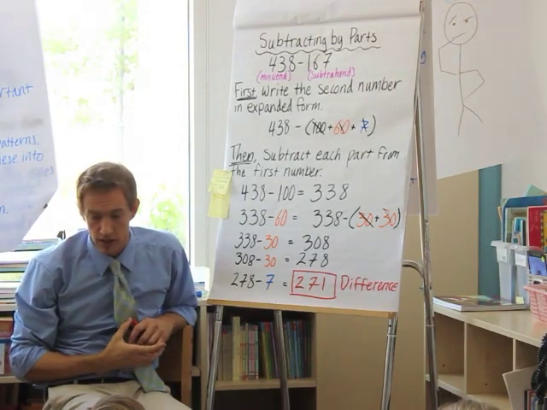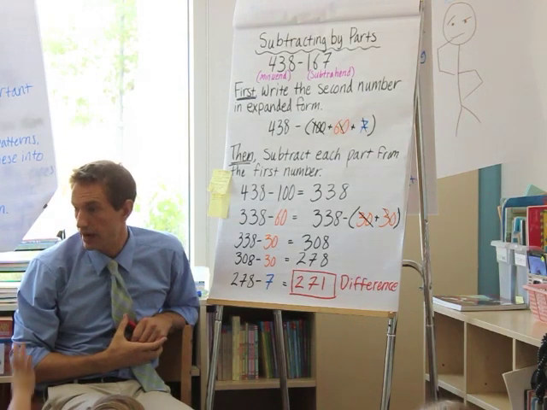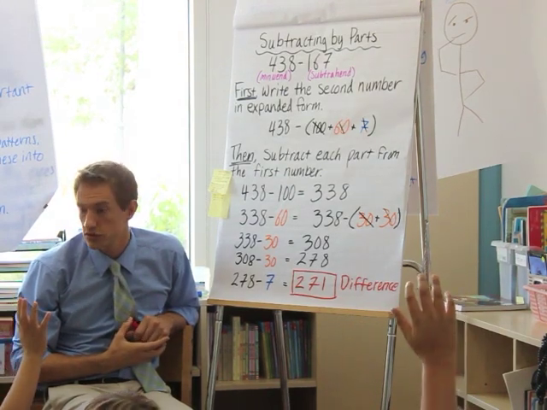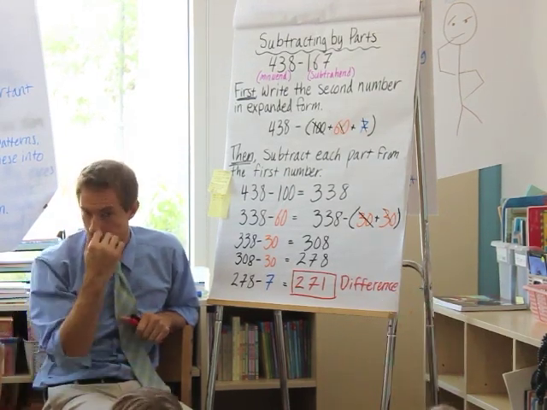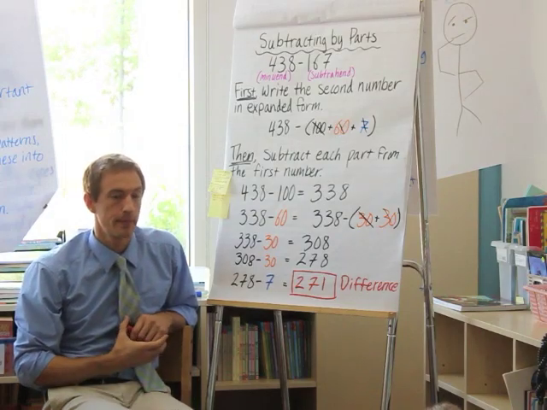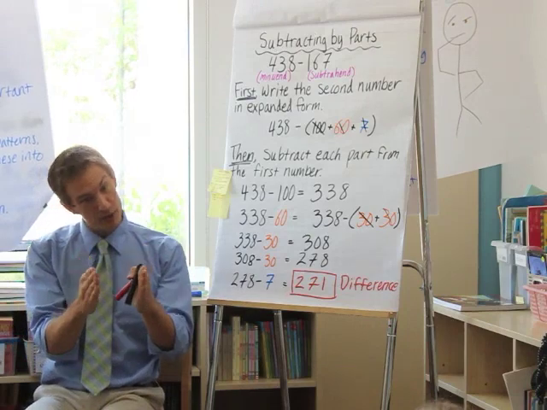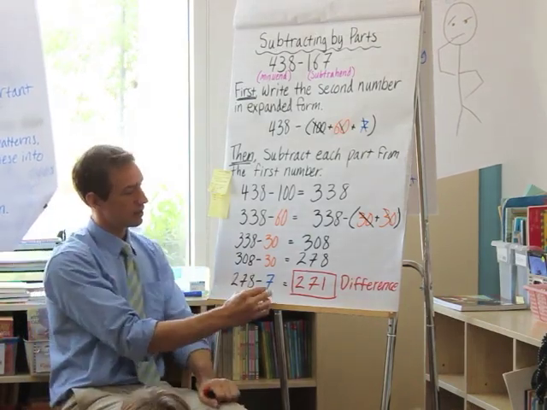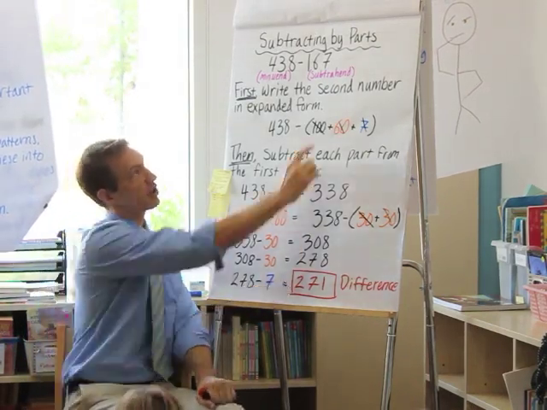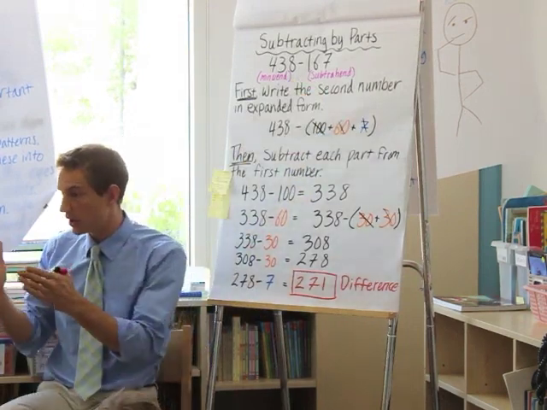All right. Any questions about this strategy? Mr. Ashraf? When you get the difference, is it actually the difference from the two numbers? Yeah, it's the number in between. Let's say I started at 167 on a number line.